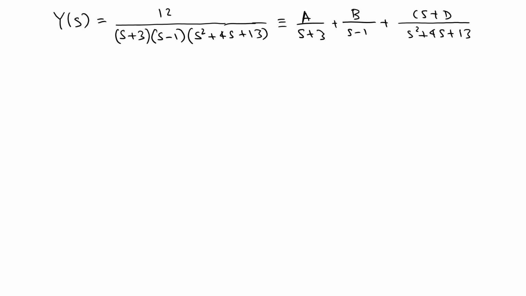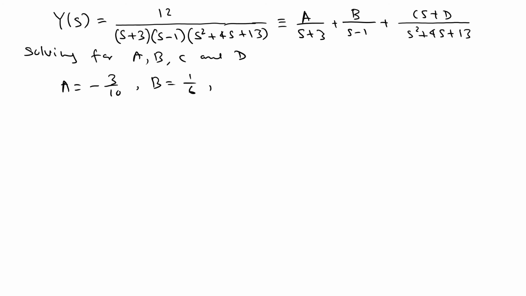So you should get, solving for A, B, C and D, you get A equal negative 3 over 10, and then B equal 1 over 6, and then C equal 2 over 15, and D equal negative 89 over 15.